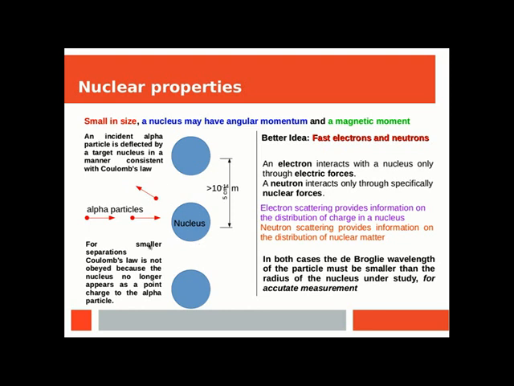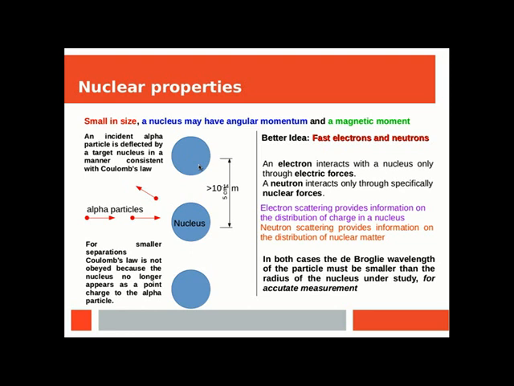Alpha particles can be used to determine the size of a nucleus by using Coulomb's law, provided the distance between two neighboring nuclei is greater than 10 raised to the power 14 meters. The Coulomb law remains valid only under this condition.